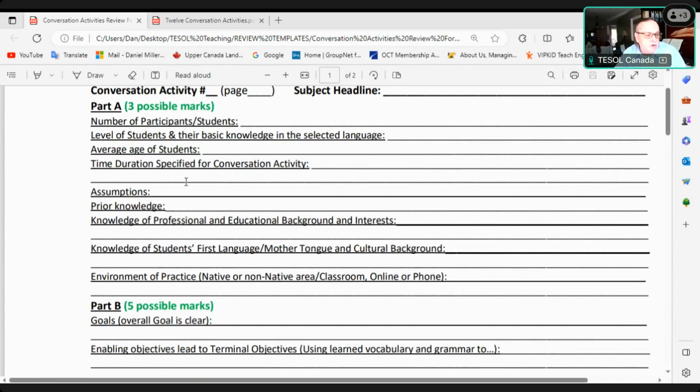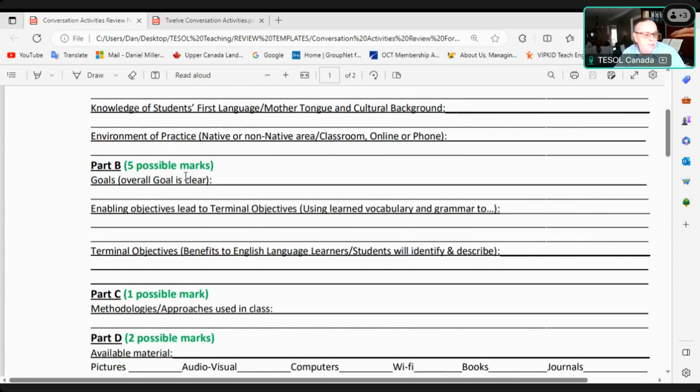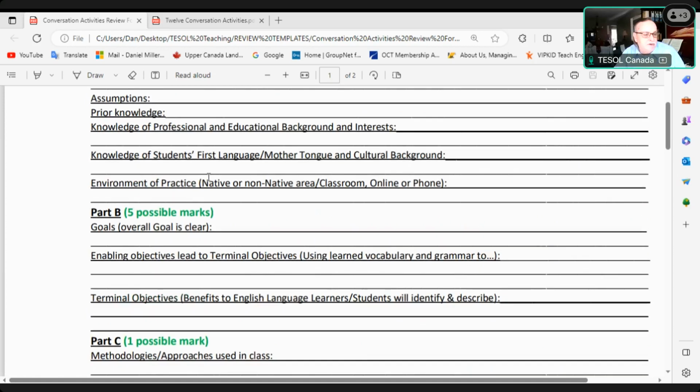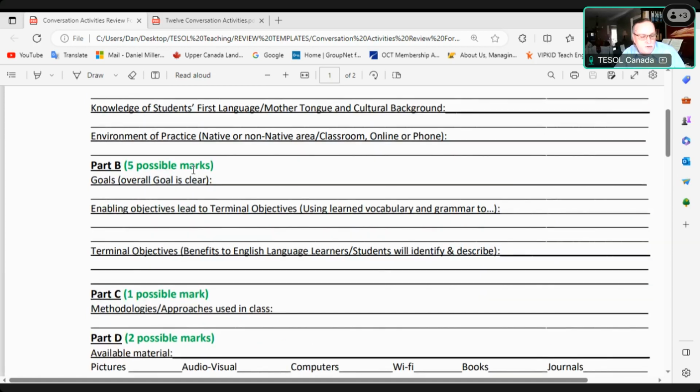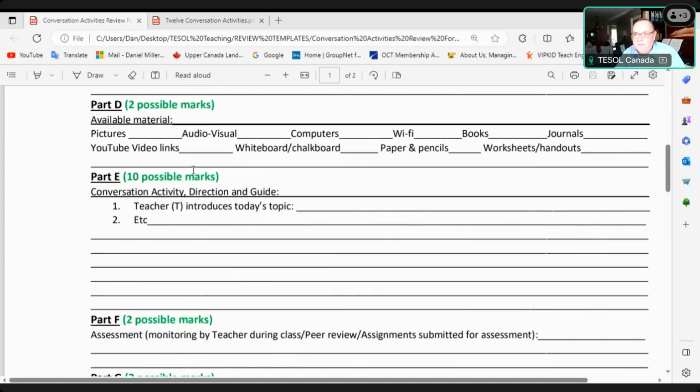I'll still send it to you, and you can use this as a guideline when you're creating your lessons, because this has all the headings that you need to include from the Canvas platform. Okay? Any questions about that? No, thank you very much.